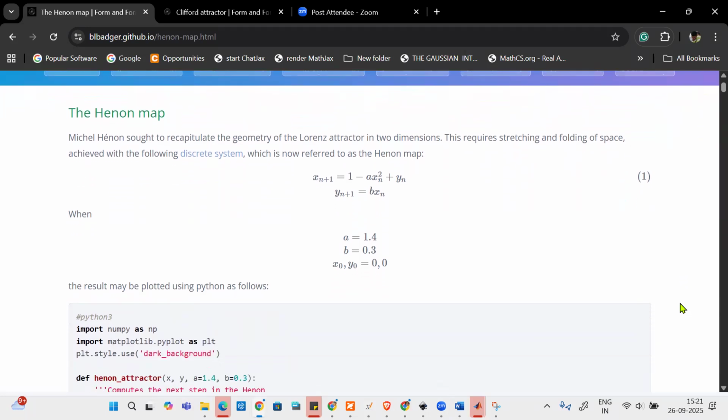You can see that Michael Henon sought to recapitulate the geometry of the Lorenz attractor in 2 dimensions. This requires stretching and folding of space, achieved by this 2D system.